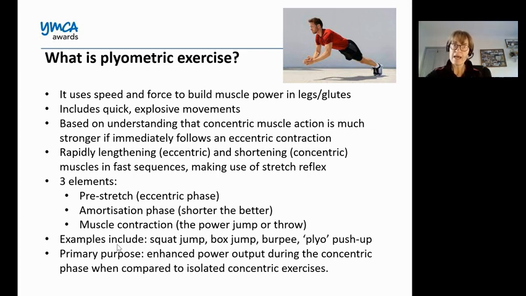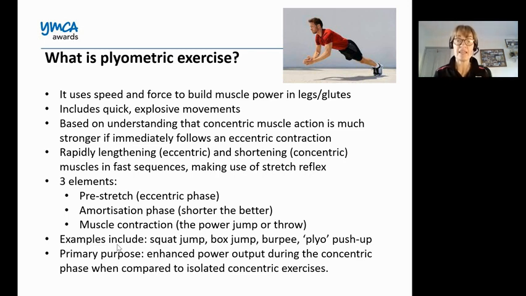So there are three elements to plyometric exercise. You have your pre-stretch part, which is that rapid eccentric lengthening, the amortization phase, which is the phase between your eccentric and concentric, and then you've got that powerful muscle contraction, that concentric shortening, such as the power jump or the big throw.